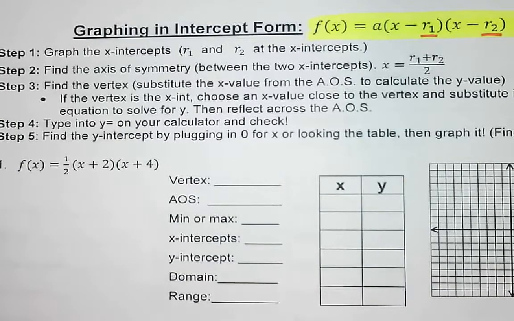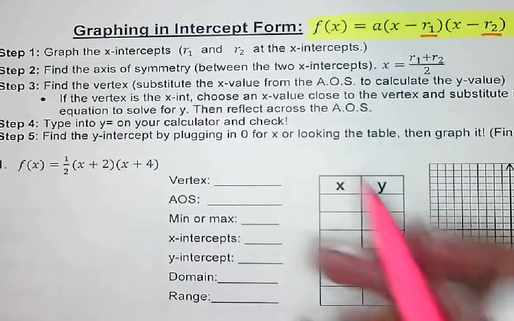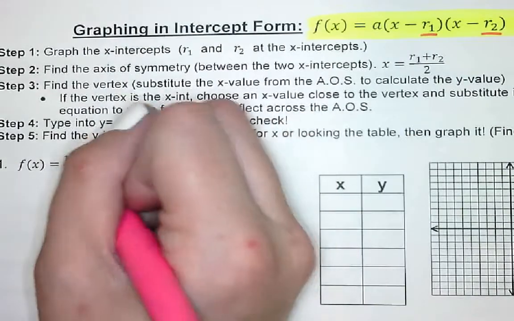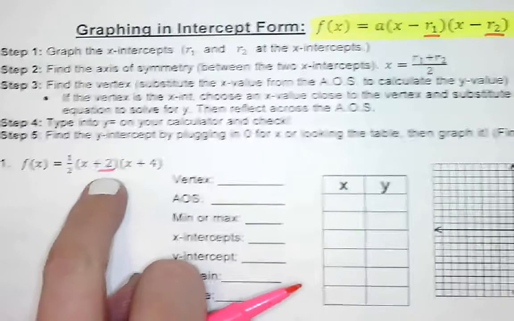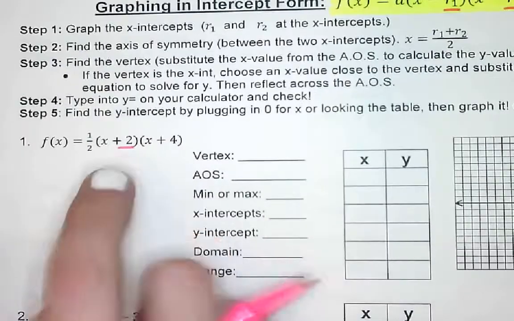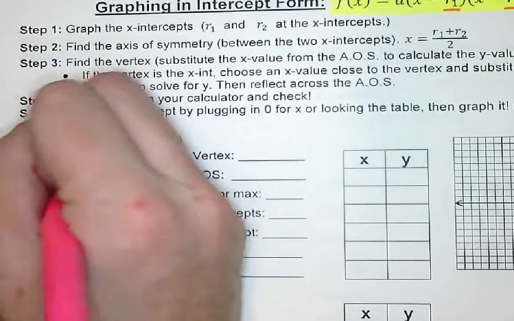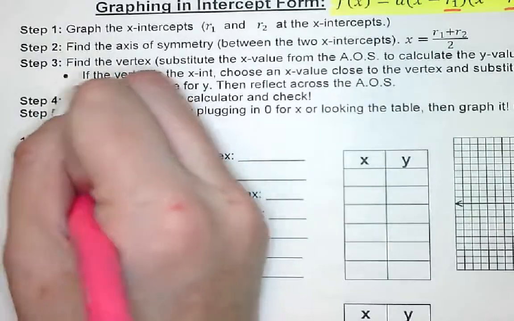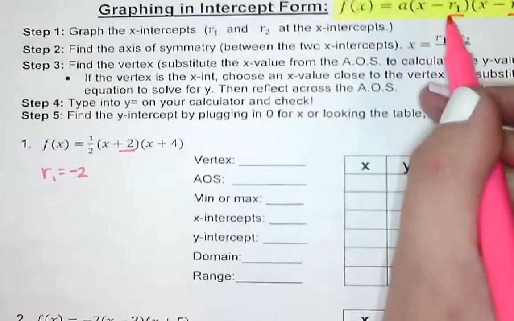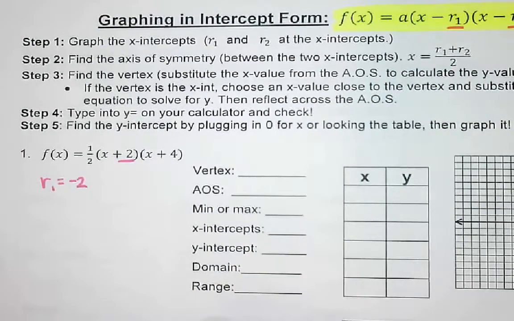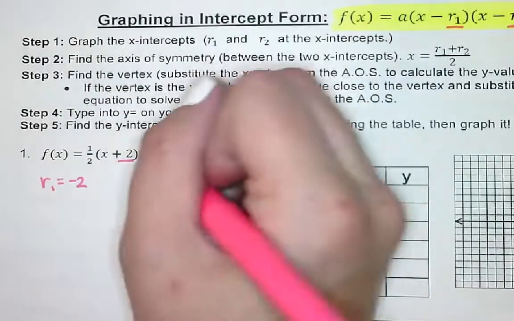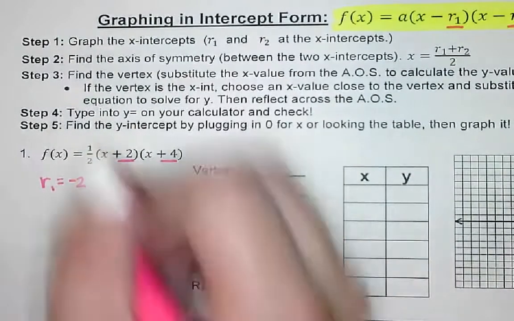Okay? So guys, I want you to be able to identify these roots here. So if I look on number 1, what is my first root? What is R1 going to be? Negative 2, because it's X minus the root. So my first X-intercept is going to be negative 2. What is my next X-intercept going to be? Negative 4.